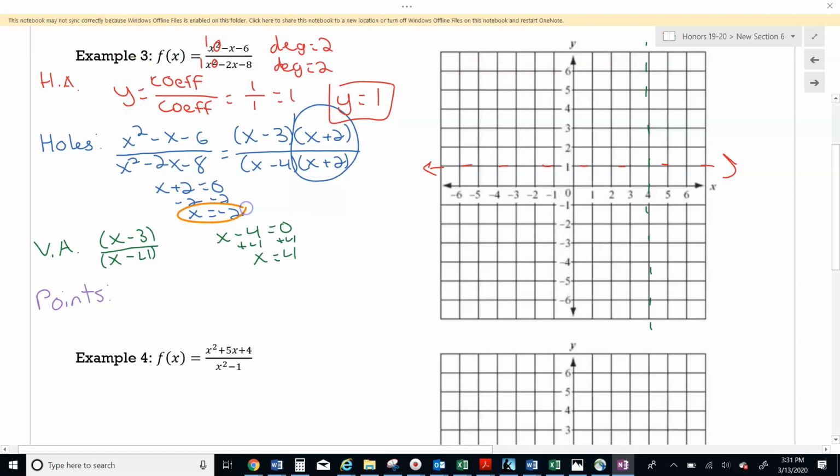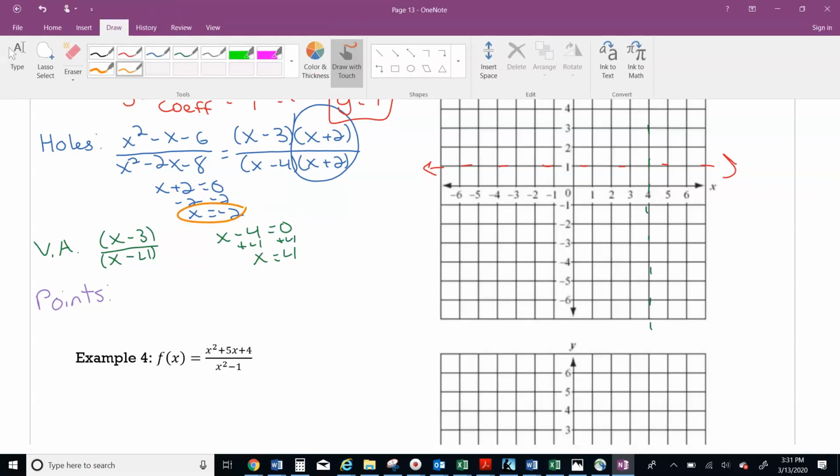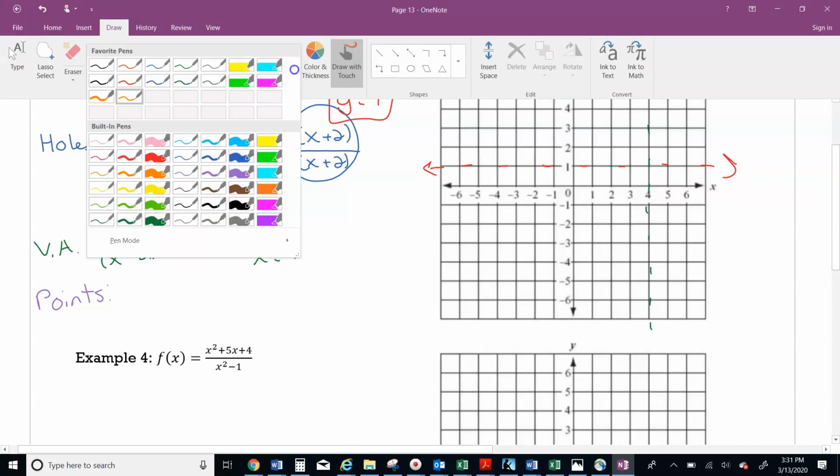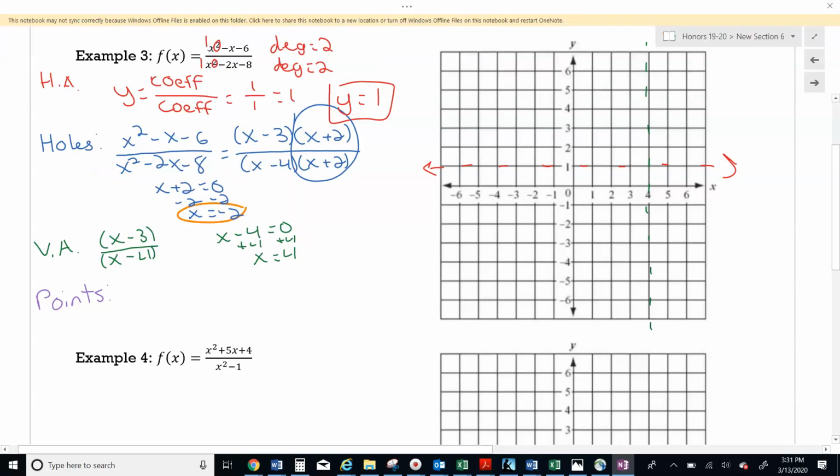So I have to use this as one of my points. So f of negative 2 equals, I'm just going to use this, negative 2 minus 3 over negative 2 minus 4, which equals negative 5 over negative 6, which is about 5/6. So at negative 2, 5/6, there's a big hole.